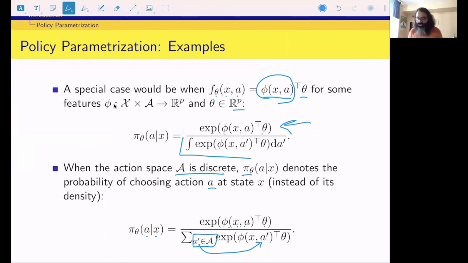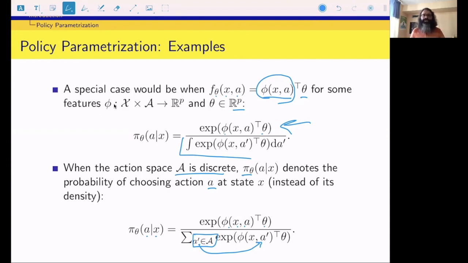It is true that computation of this integral might be difficult because it's over a continuous action space. But for some cases, like the normal distribution that I'm going to talk about, the normal distribution can also be written in this form, and the normalizer or partition function can be written analytically, so we can compute it easily. But in some cases, we also use deterministic policies instead of stochastic policies.